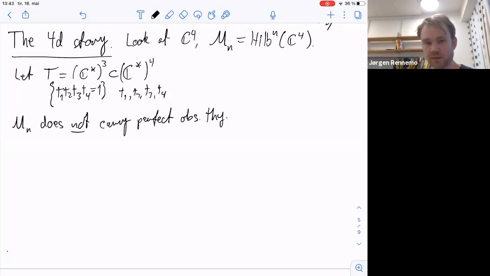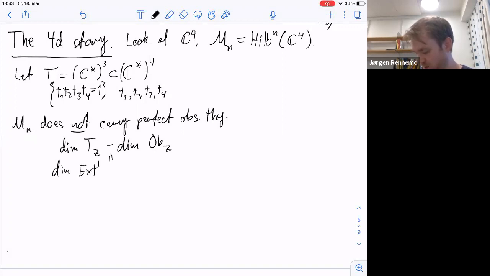And the reason why, I mean, it's hard to give a reason why something doesn't exist, but it's easy to see that the dimension of the tangent space minus the dimension of the obstruction space, in this case, that is the dimension of Ext^1(I_Z, I_Z) minus the dimension of Ext^2(I_Z, I_Z). So this would be the virtual dimension if it were to have a perfect obstruction theory.